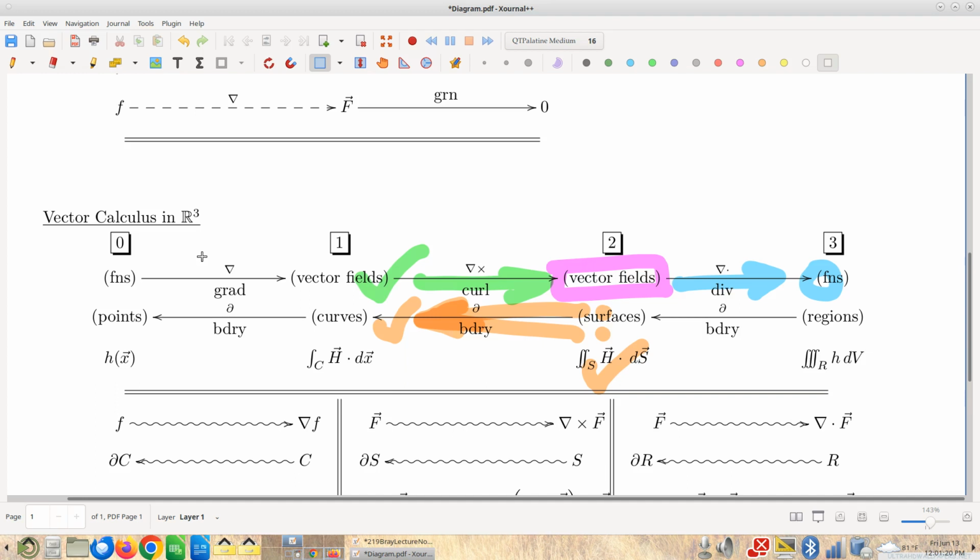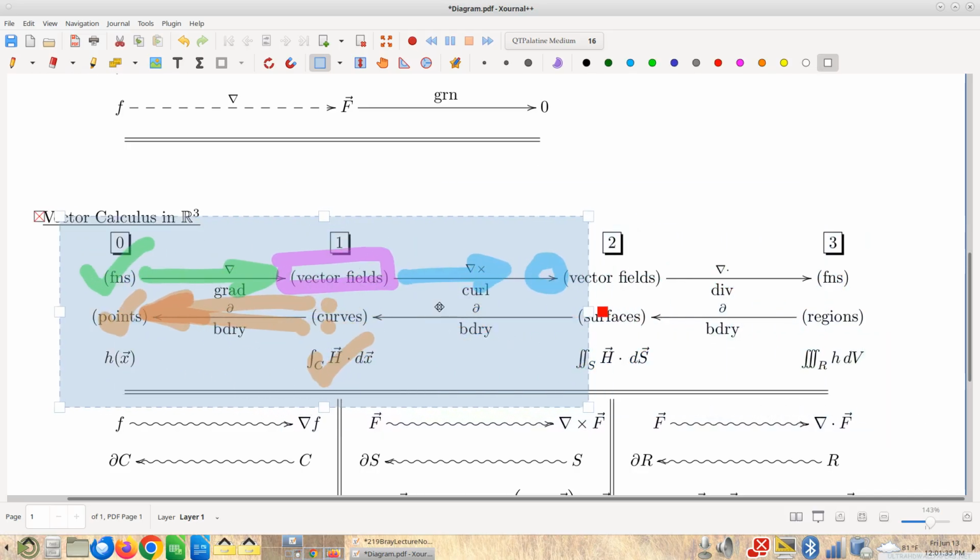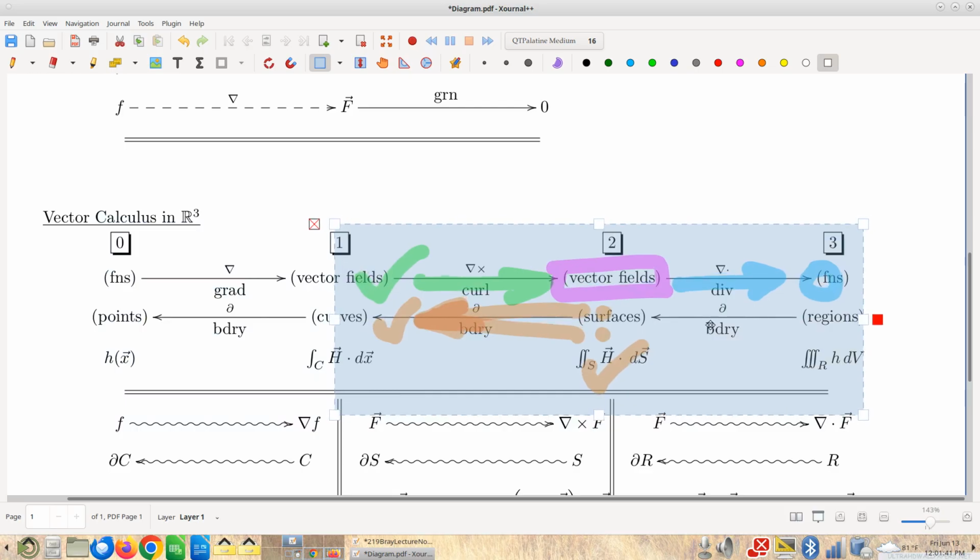Right? So another situation where the diagram is paying off big time because the patterns that you use to understand path independence and irrotational and gradients and stuff like that, it's the same pattern over here.